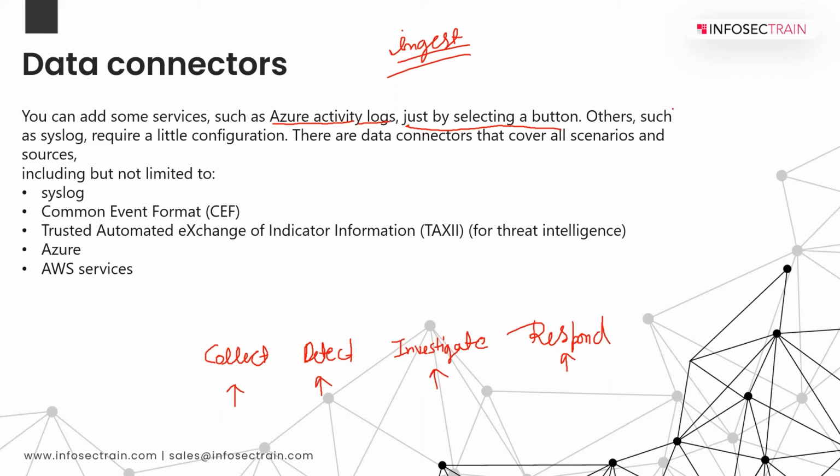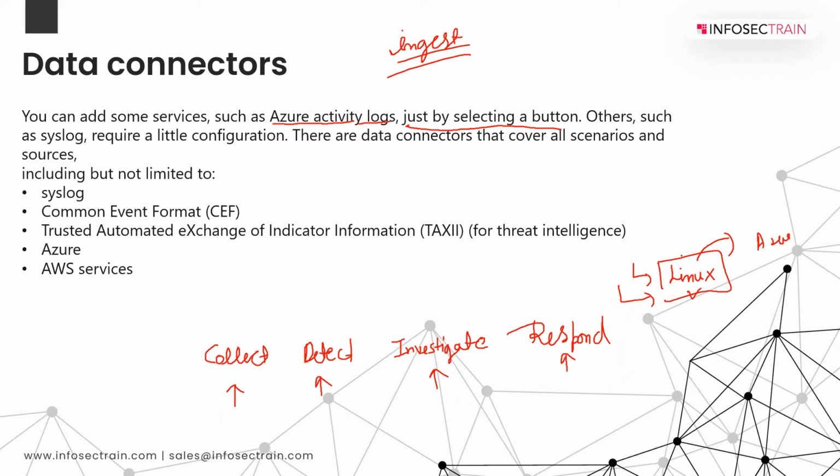Then there are things like syslog, which require a bit more work for collection. You will be collecting the data in the syslog format into a Linux server, which will ingest all that data for you and then send it to Azure. You can do this in 2 places.